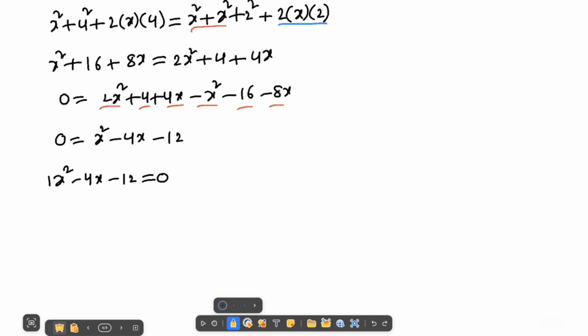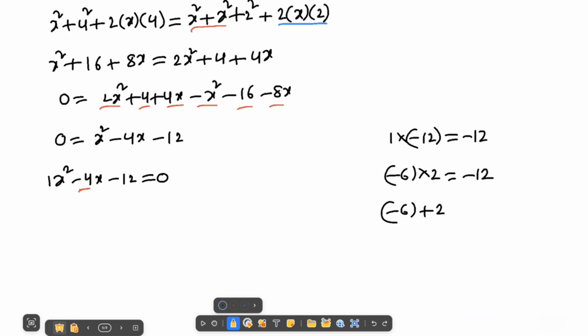To factorize this, we have to multiply the coefficient of x square, 1, and the constant term, minus 12. So 1 into minus 12 is minus 12. The factors of 12 must be such that if we multiply we get minus 12, and if we add we get the middle term, minus 4. So what are the suitable factors? Minus 6 into 2 is minus 12, and minus 6 plus 2 is minus 4.